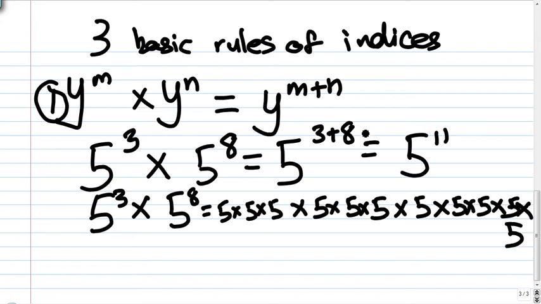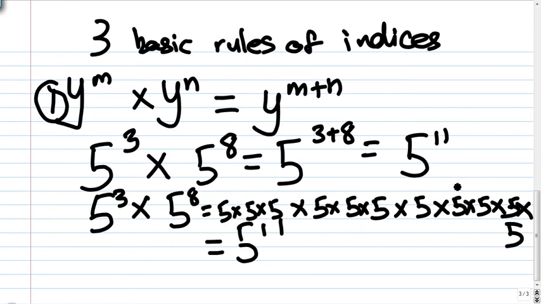That's what you're doing actually, and that's how you get 5 to the power 11. This law allows you to simplify this process by just adding the indices, 3 plus 8 in this case.